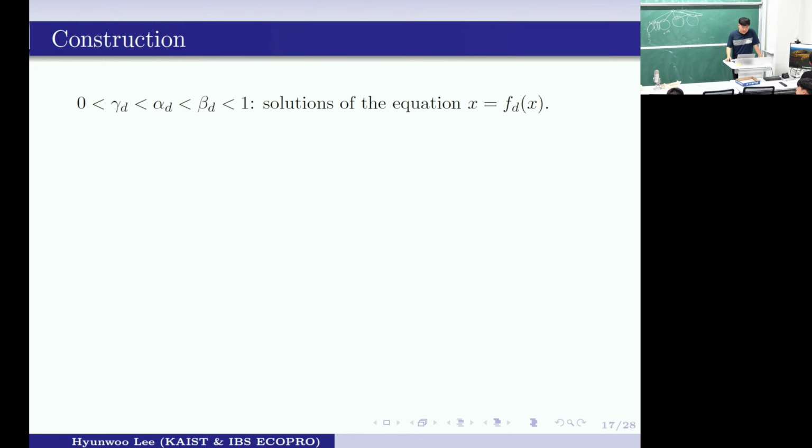Let's say gamma_D, alpha_D, and beta_D are the solutions of the equation x equals f_D(x). Then we can easily show that gamma_D is located around 1 over D plus 1, alpha_D is located at the conjectured value D to the minus 1 over k, and beta_D is very close to 1 minus 1 over D to the k minus 2.